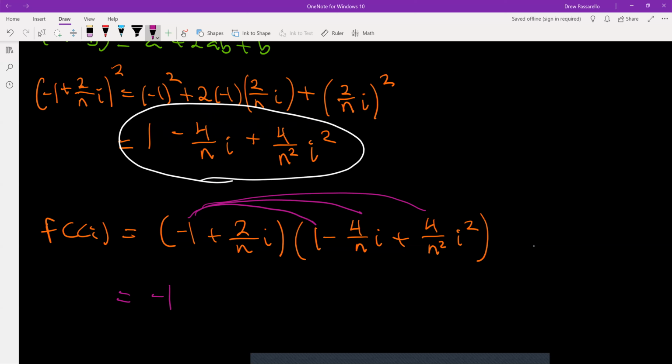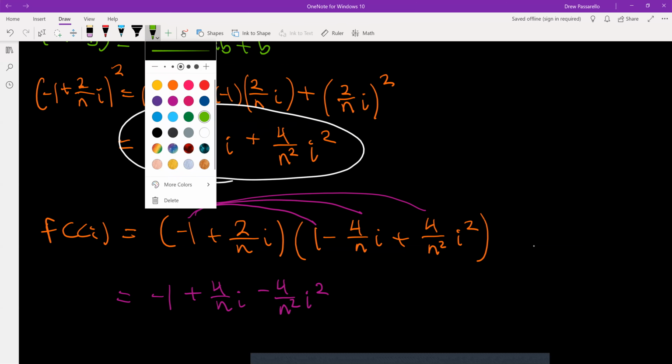-1 times -4/n i, that's positive 4/n i. And then -1 times 4/n squared i squared is -4/n squared i squared. And then I distribute 2/n times i.